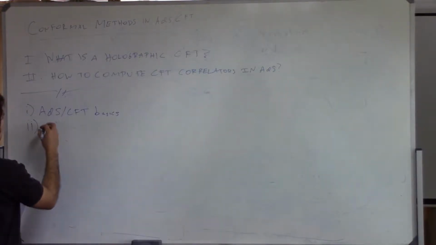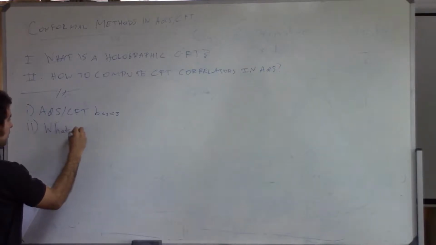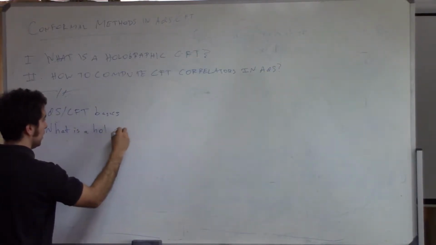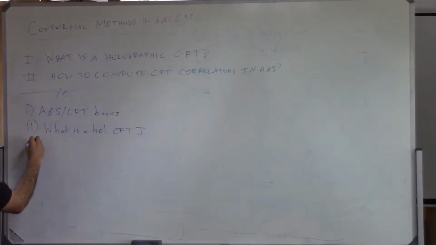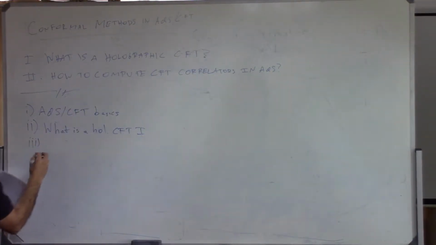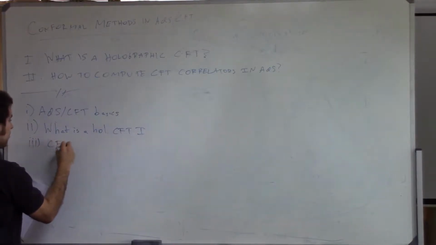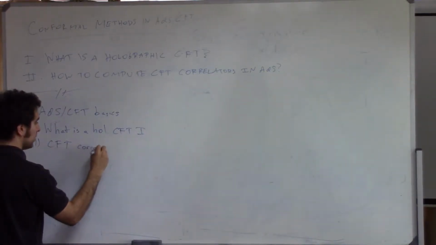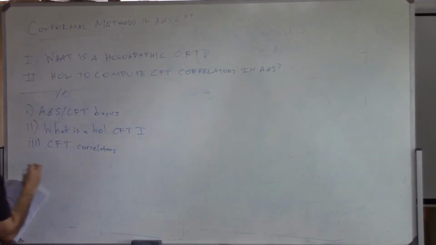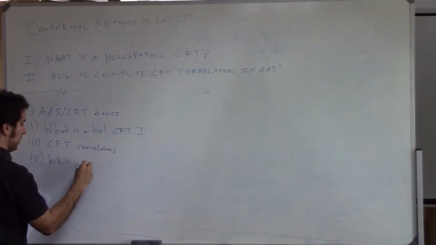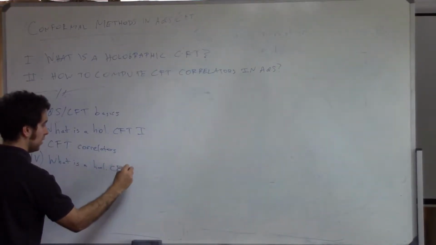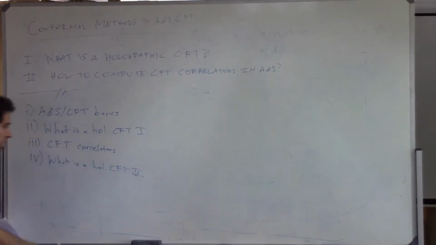Next, I will talk about the question of what is a holographic CFT, part 1. Then we'll focus on the CFT side of the second question, which is how to compute CFT correlators. After this, we'll revisit the question about what is a holographic CFT, part 2, with the eye toward moving into the bulk.